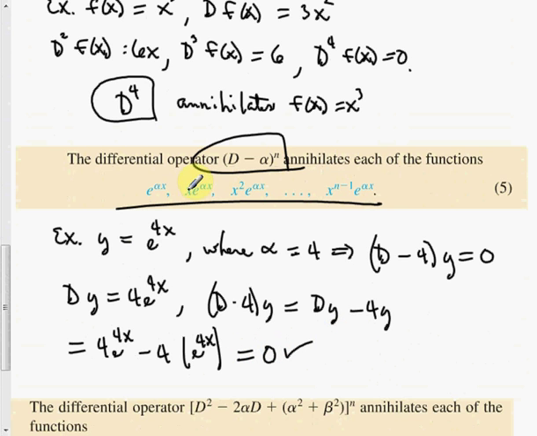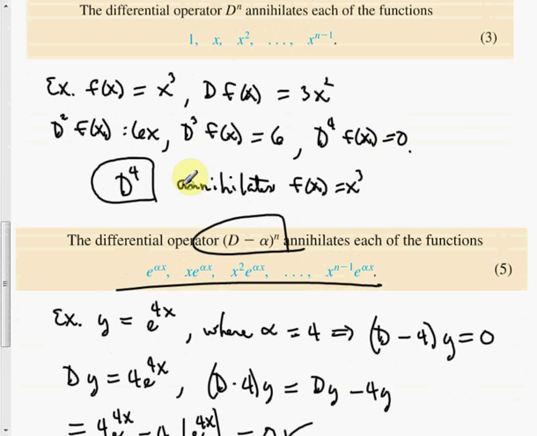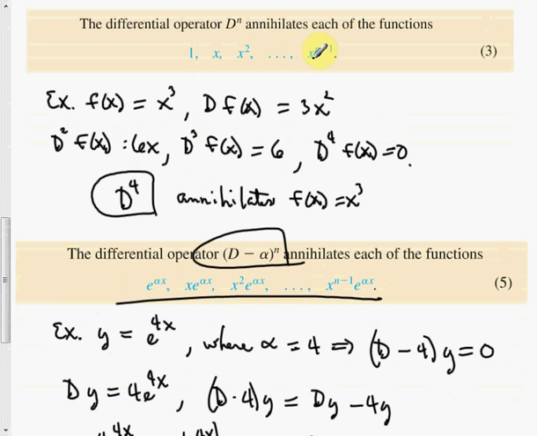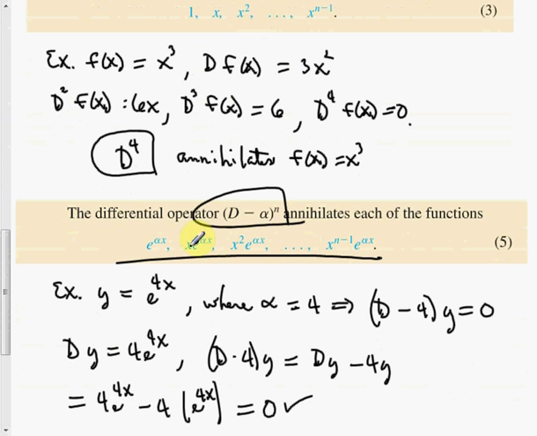Now, if it's x times e to the alpha x, or if it's x squared times e to the alpha x, you look at the x's as you did above. If it's x to the n, or n minus 1, then you use d to the n. So here, if it's repeating terms for the exponential guys, here e to the alpha x, there's no repeat there.